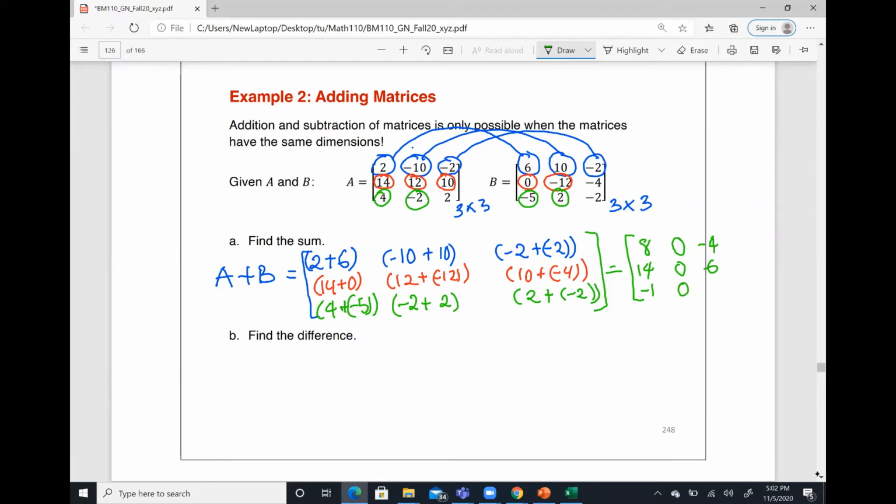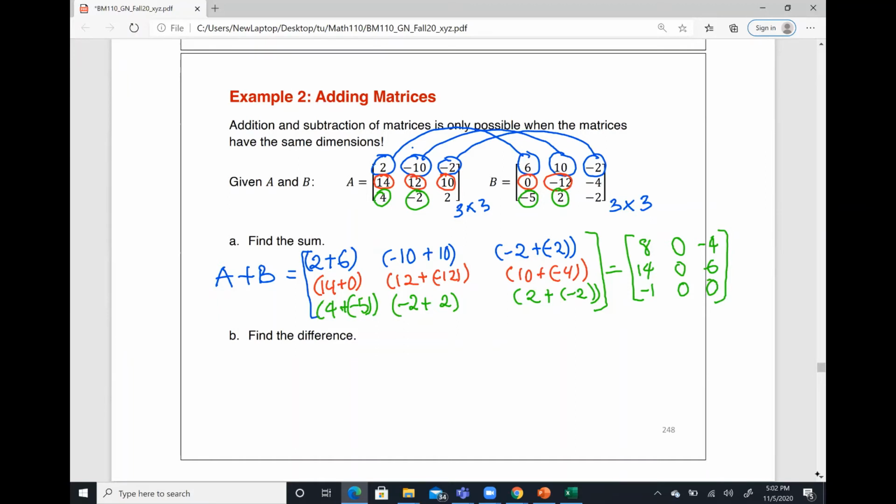Negative 2 plus 2 is 0. 2 plus negative 2 is 0 again. That's going to be the answer for part A.